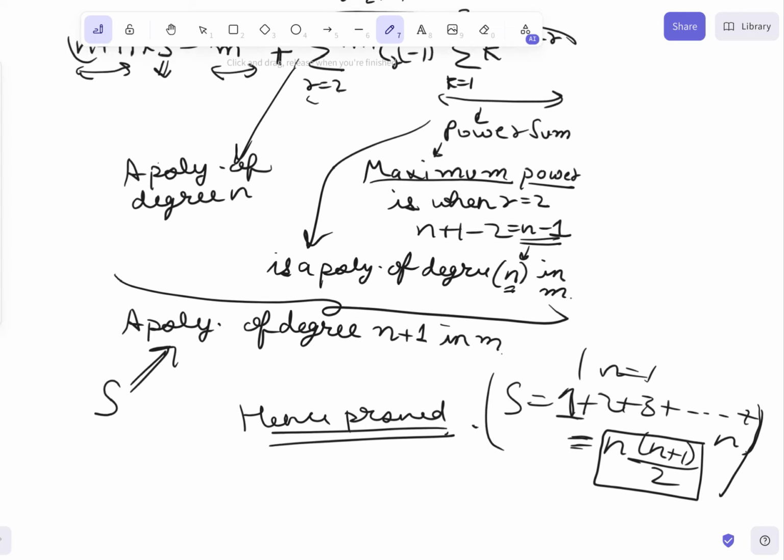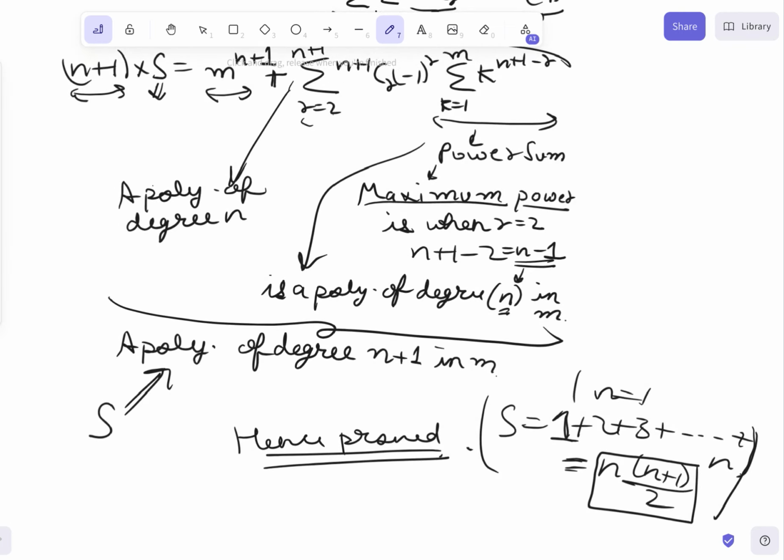Now let's try to apply this formula for n equals 1. So for n equals 1, this will become 2 into S equals m square plus r goes from 2 to n plus 1, which would be 2, so there will be just one term.